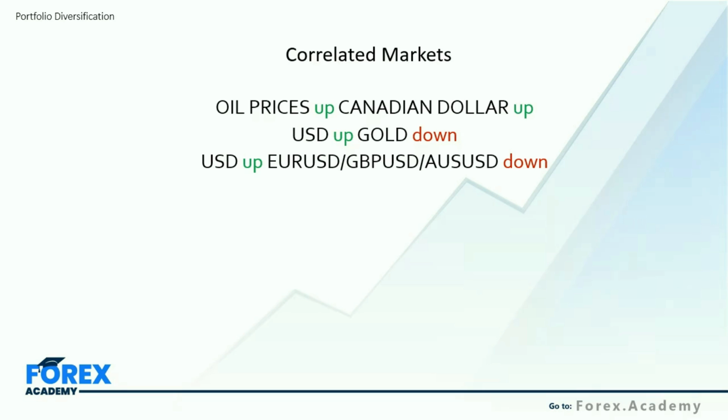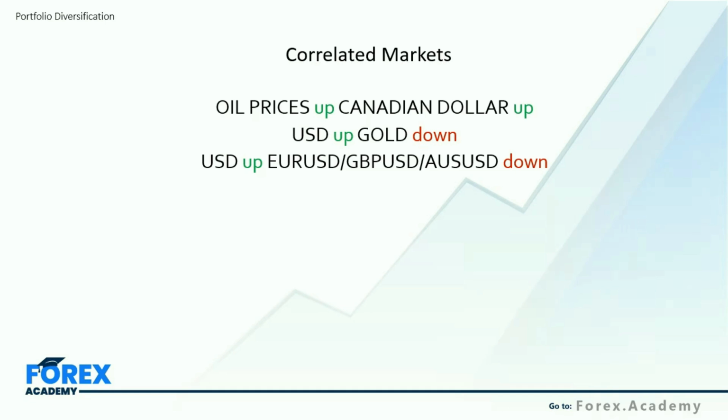On occasion, you can go through periods where news events impact one side of the equation, so they can move independently before falling back into correlation. A lot of this will come with experience, but you'll get to know and understand when markets move in a correlated fashion because you can see it in other markets. For example, if the US dollar strengthens and moves to the upside, you're very likely to see gold move to the downside.